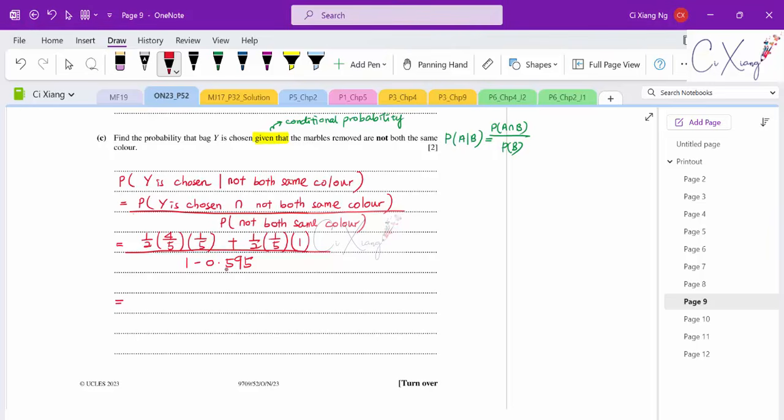Okay, then if you try to simplify everything here, your answer should be 4 over 9. Okay, yeah, so this is how we solve this question number 6.